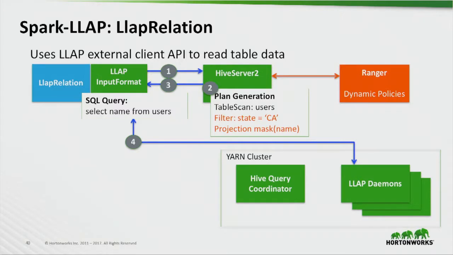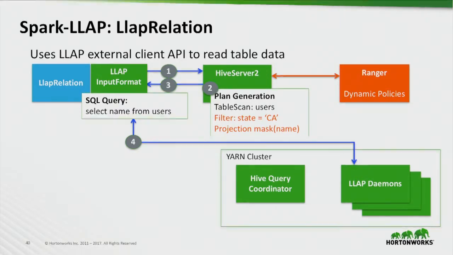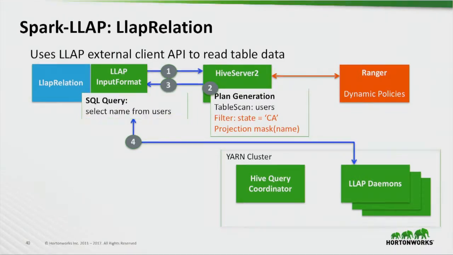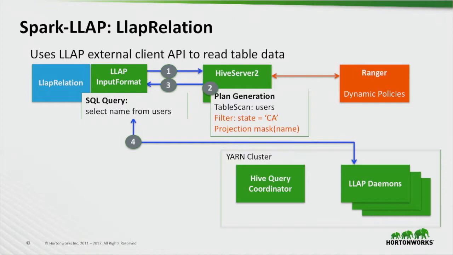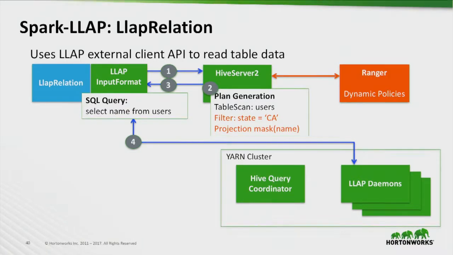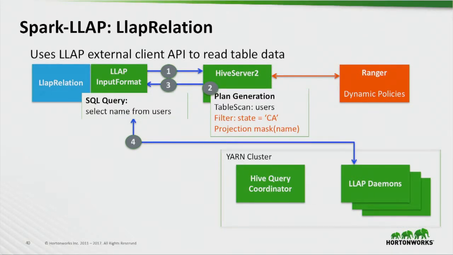Just talking a little bit about the LLAP relation. That's basically a Spark connector library that integrates with the LLAP input format that we talked about earlier. As a result, you get the secure access through Hive Server 2 and LLAP, as well as your Ranger policies for column access, row filtering, and column masking applied.